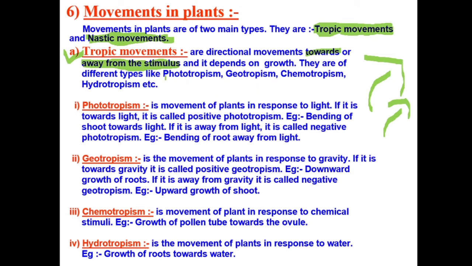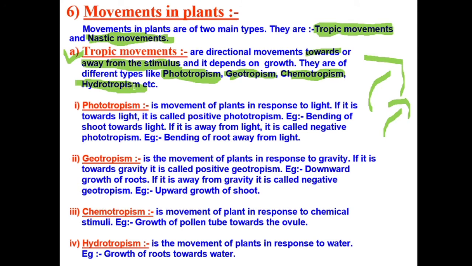What type of movements are there? There are phototropism. Phototropism means when the effector, or the stimulus is light, that is phototropism. When the stimulus is gravity, that is geotropism. When the stimulus is chemical, we call it chemotropism. When the stimulus is water, we call it hydrotropism.